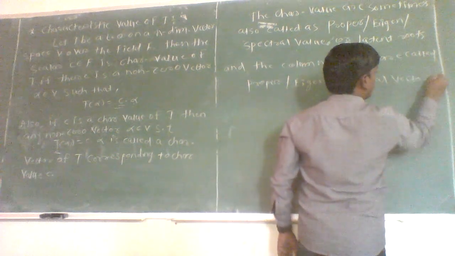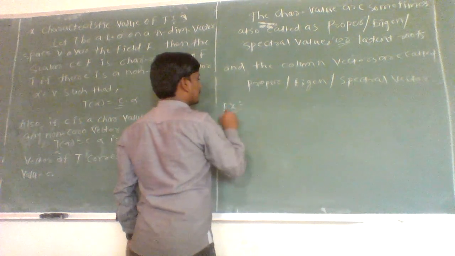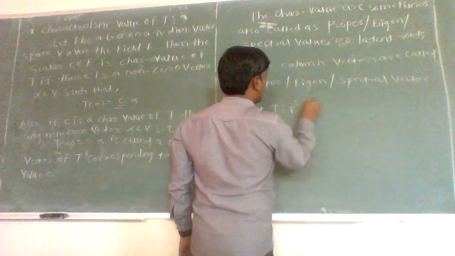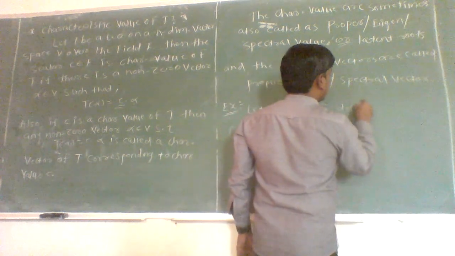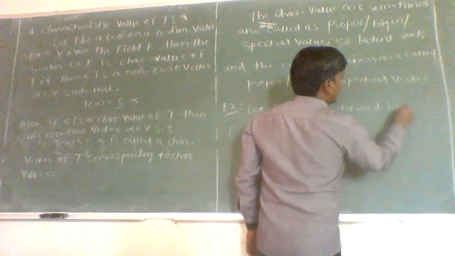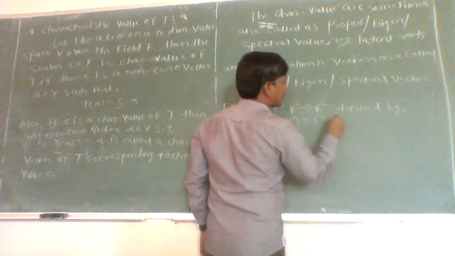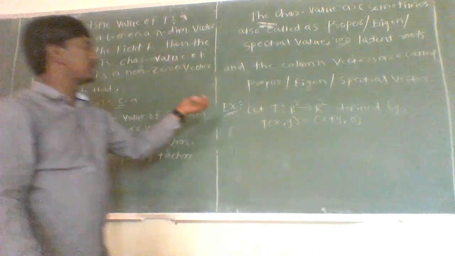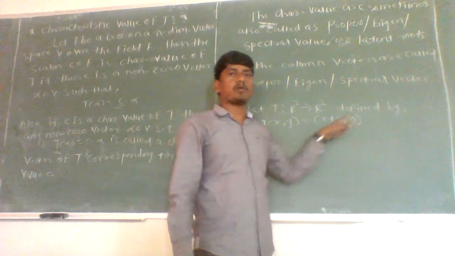Now we have to see one example depending on this definition. Let T be a linear operator from R2 to R2 defined by T of (x, y) equal to (x plus y, 0).